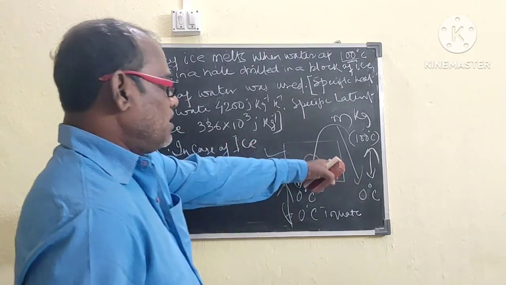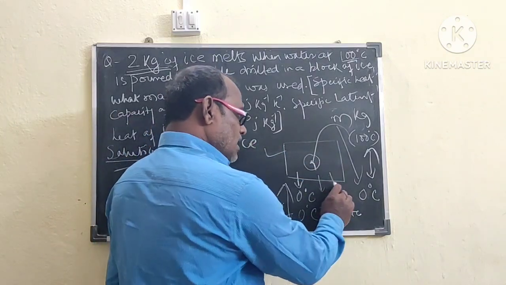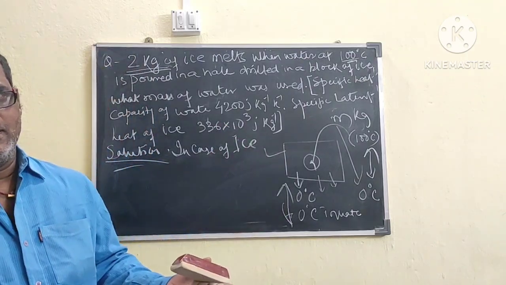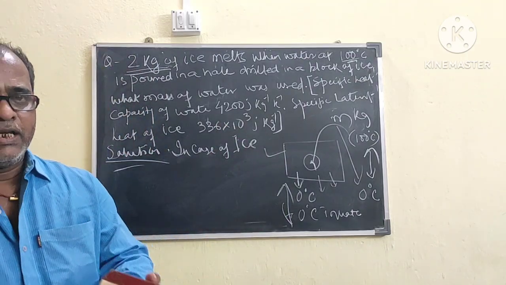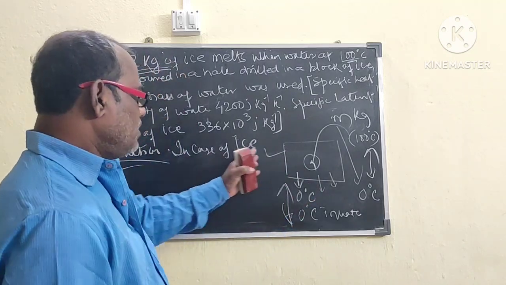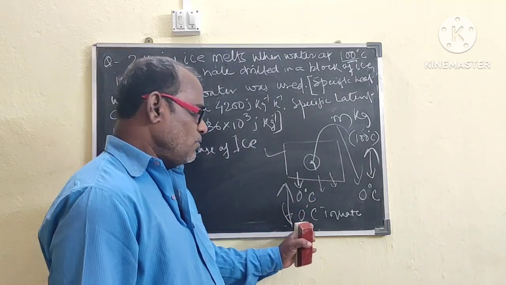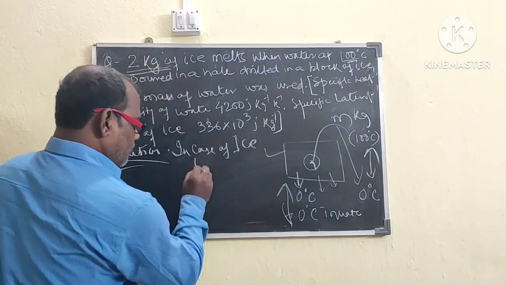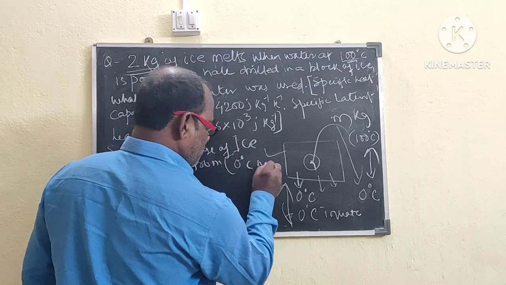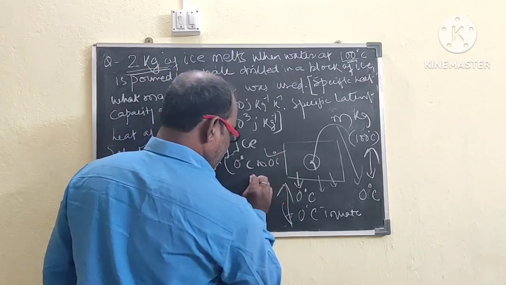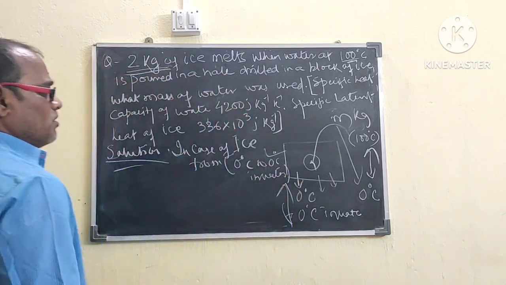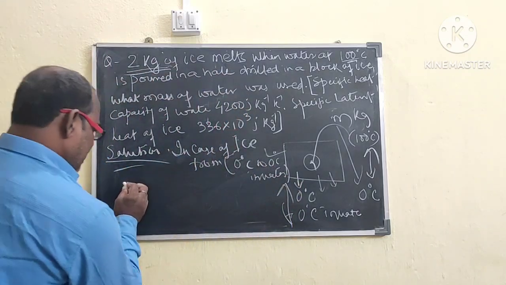So when you are pouring water, the ice is absorbing the heat. So heat absorbed by ice to change from 0 degree Celsius ice to 0 degree Celsius water, here it is latent heat we are writing.